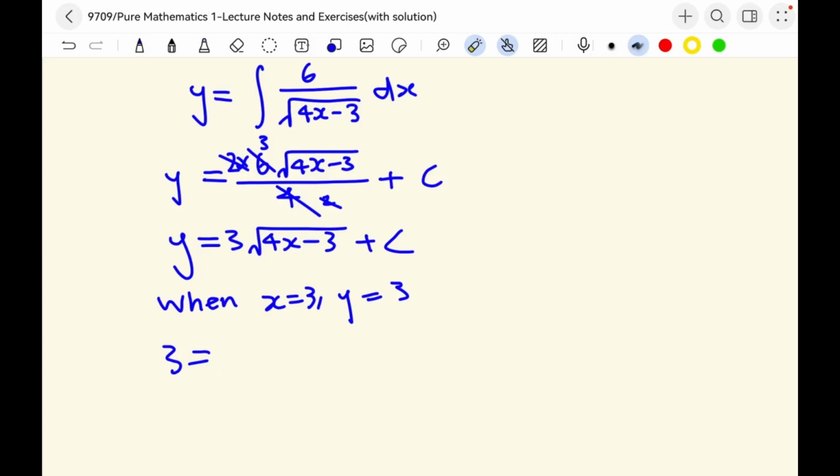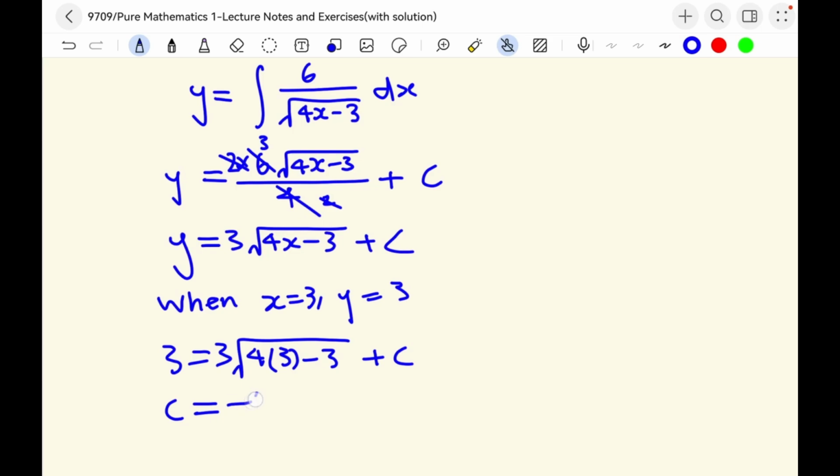These boundaries are given for you to find the c, the constant that you have put. So use your calculator to calculate it. The c is negative 6.